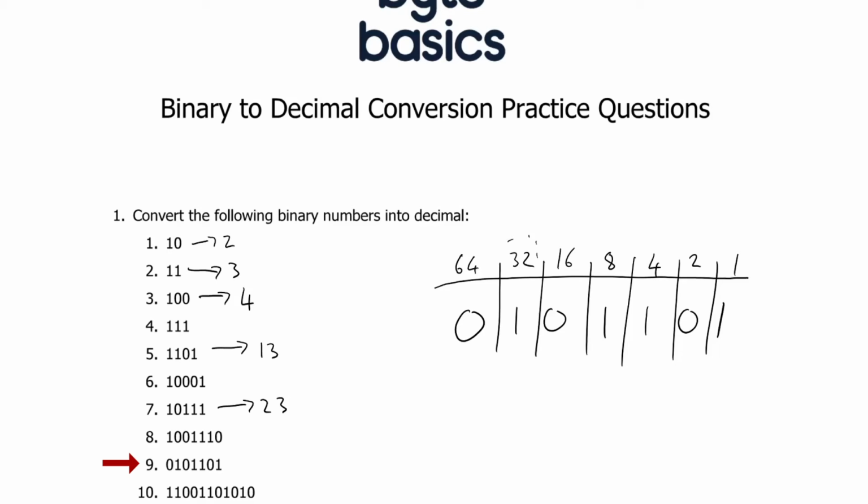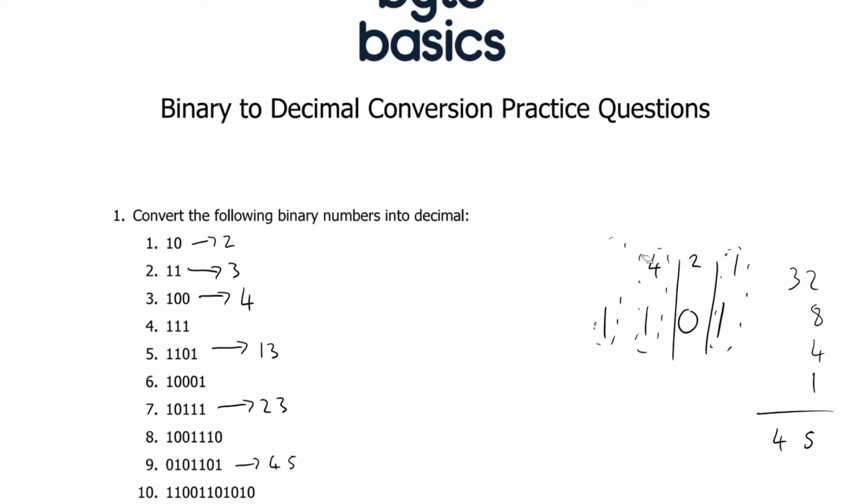So in this case we have 32 and 8 and 4 and 1. And if we add those up, we should get 45. So 0, 1, 0, 1, 1, 0, 1 is 45 decimal.